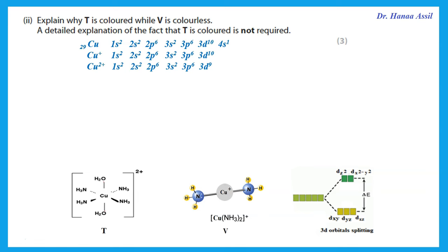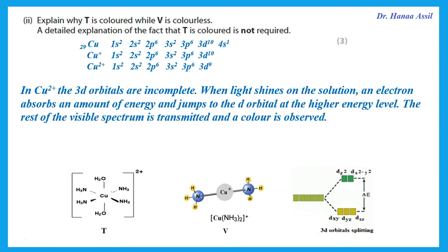Now copper 2 plus, we take another electron, so now the 3d is 3d9. Now they're incomplete. Now they will absorb from the visible spectrum, and the copper 2 plus complexes are colored. So the difference between T and V is that in T we have copper 2 plus. The 3d orbitals are incomplete.